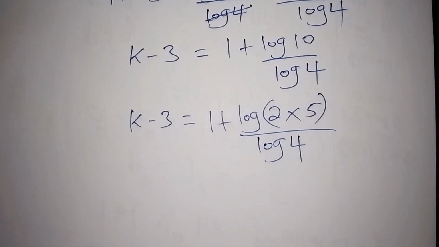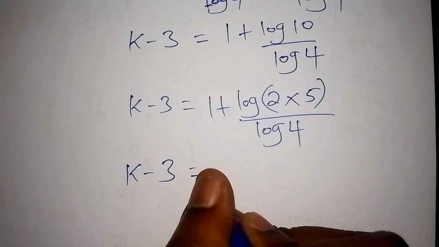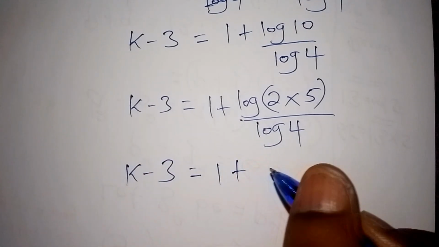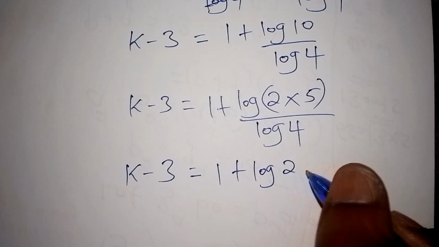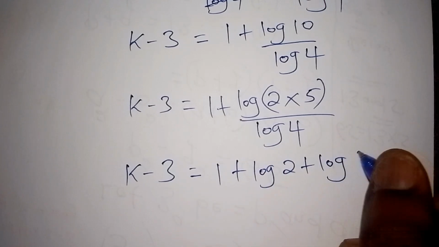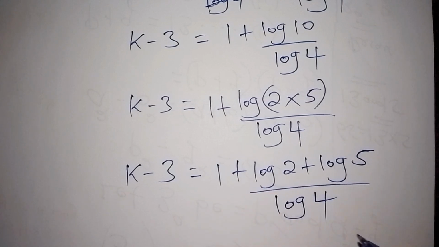So k minus 3 equals 1 plus the log of 2 plus the log of 5 all over the log of 4.